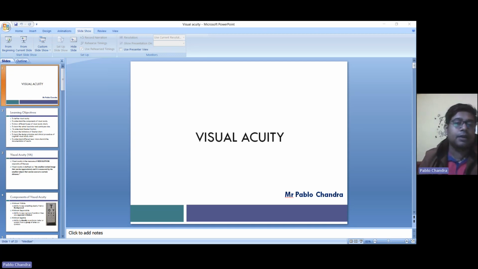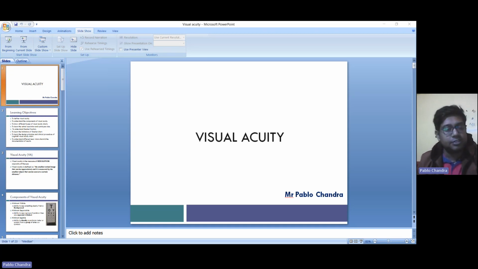Now we will come to the clinical use of visual acuity. Till now we have known the components of visual acuity, the components required to make a chart. But now we will know the uses of this clinical chart.